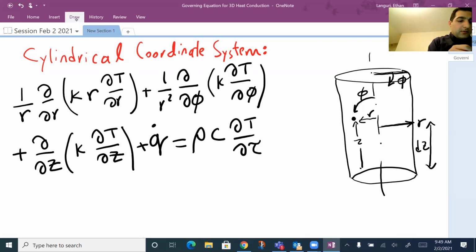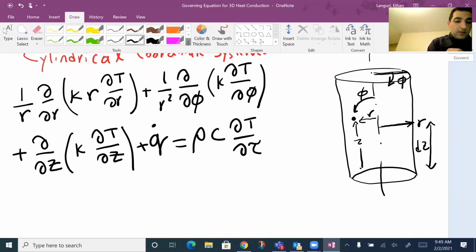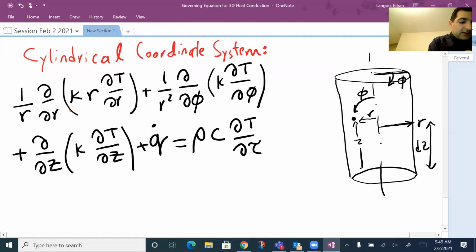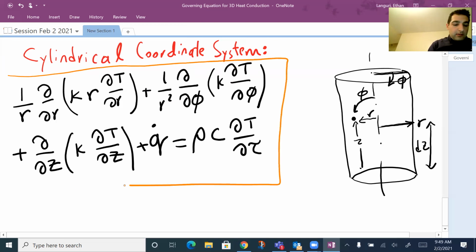Let me put a box around this. This is our final form for the governing equation of heat in a cylindrical coordinate system.